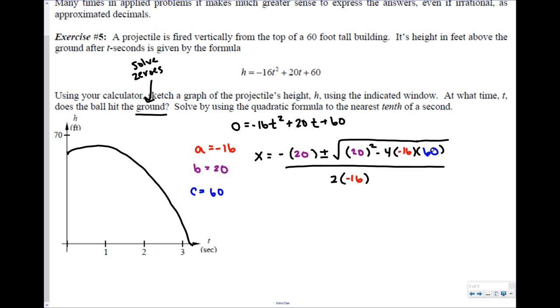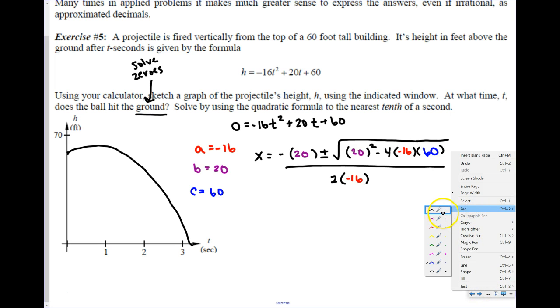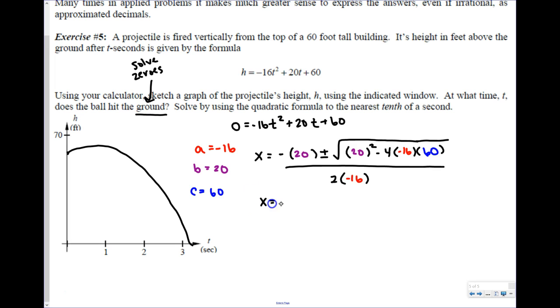Now this is a time where using a calculator might come in very handy because these numbers are pretty big. Okay? So using your calculator would be really useful here. So when I start simplifying, I'm going to have x equals negative 20 plus or minus the square root of 20 squared, and 20 squared is actually 400.